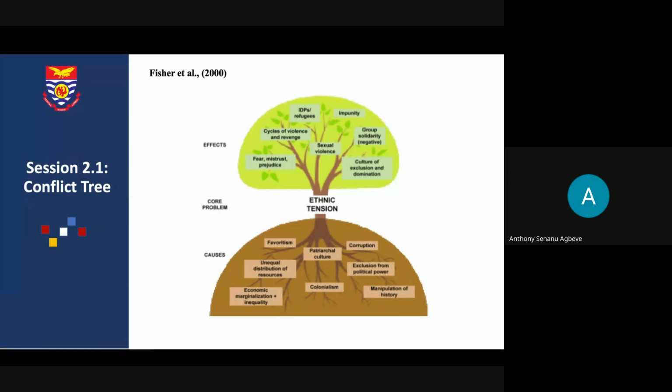The Sao constituency, right? They were denied representation in parliament. This can be a cause that can trigger and then lead to conflict, right? So those are the causes.